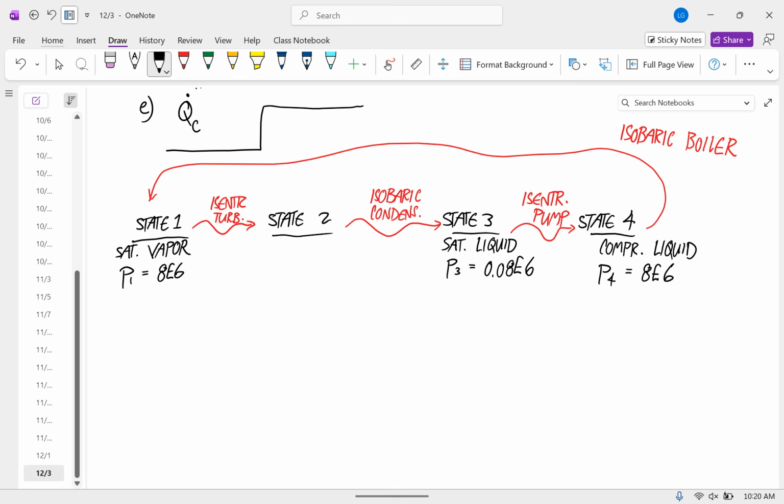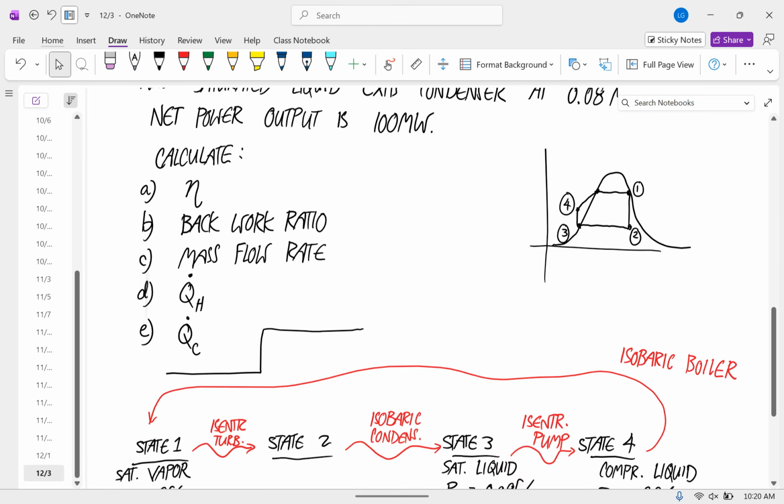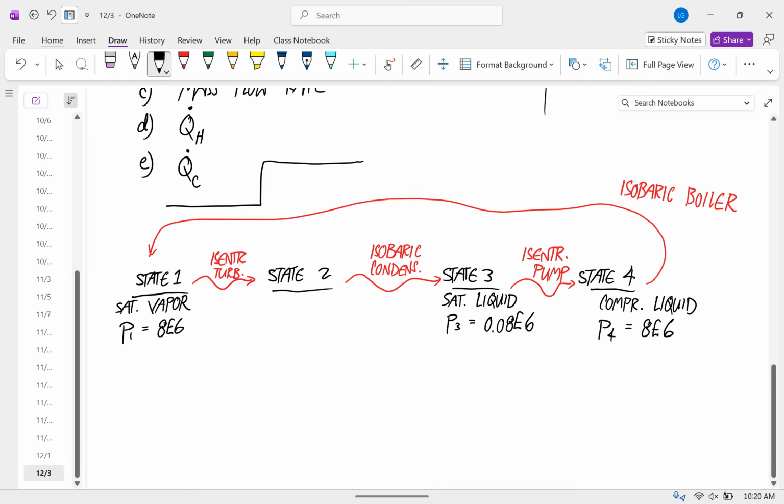It's isobaric, the whole process from state 2 to state 3. State 2 is a saturated mix, but we know that the pressure is 0.08 times 10 to the 6. Okay, pressure and state for all 4 states.